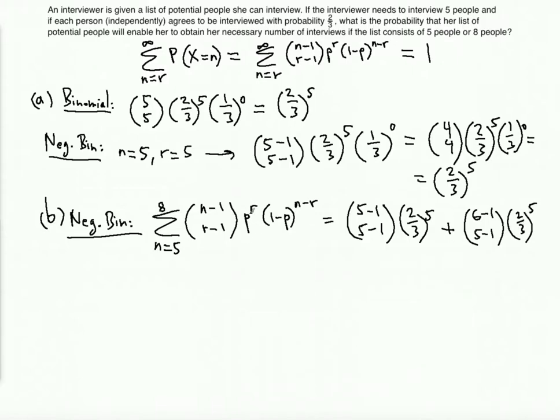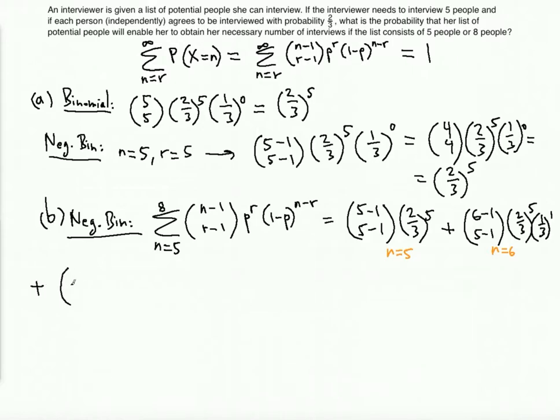Because the r value is always 5, right? R is always 5. N changes. N is equal to 5 here, N is equal to 6 here in the second case. Then 1/3 is raised to the 1st power, right? Because n minus r is 6 in this case, minus 5, which is 1, right?